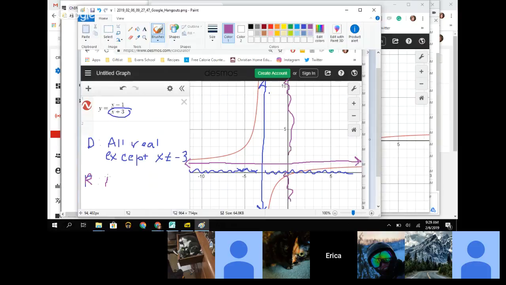So my range is going to be all real except what? Y cannot equal 1. Okay, why can y not equal +1?